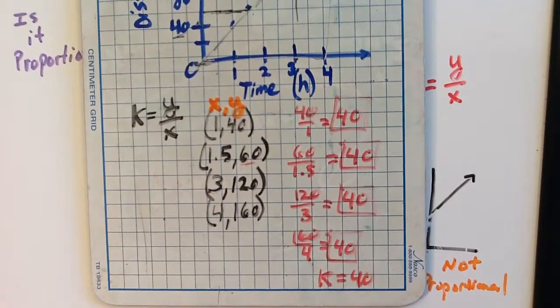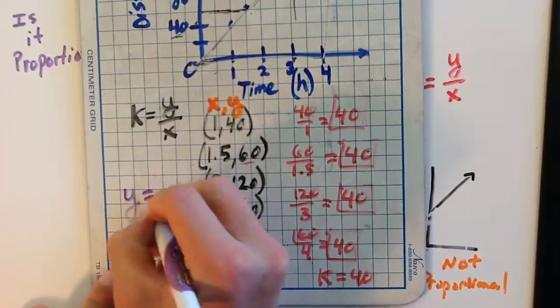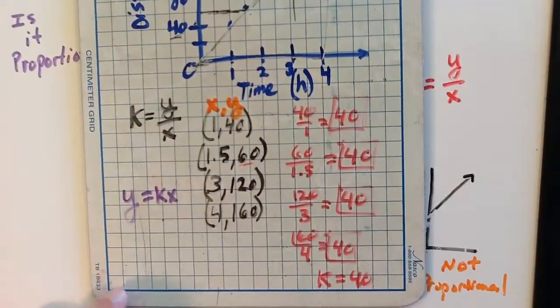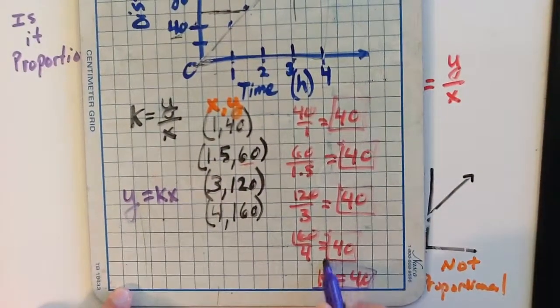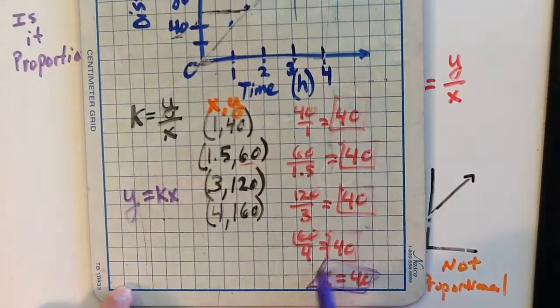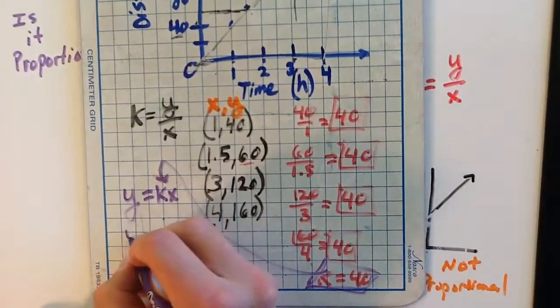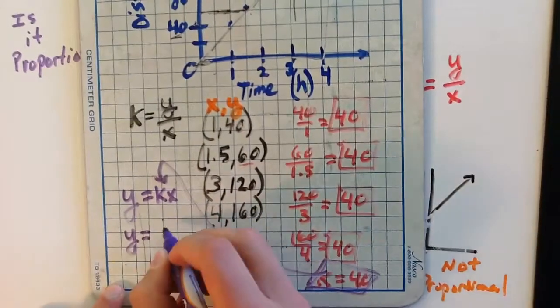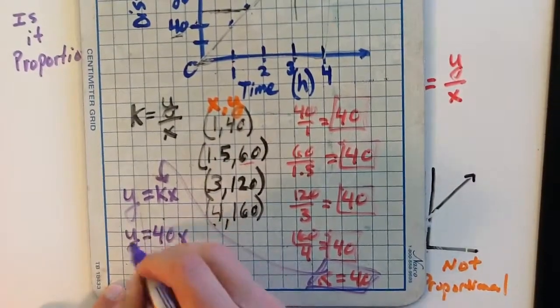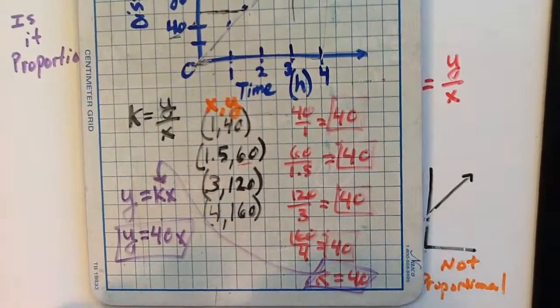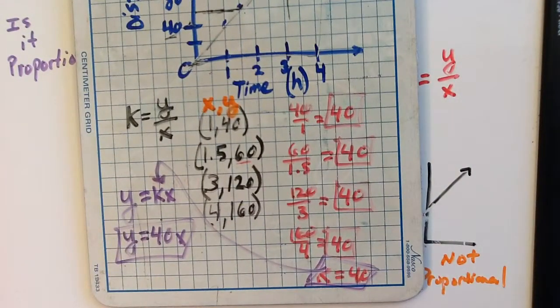And so we can write that proportional relationship in the form y equals kx, where k is the constant of proportionality. We found that k is 40, so I can plug it into this equation. And so the equation to represent this graph would be y equals 40x. y equals 40x would represent this proportional relationship.